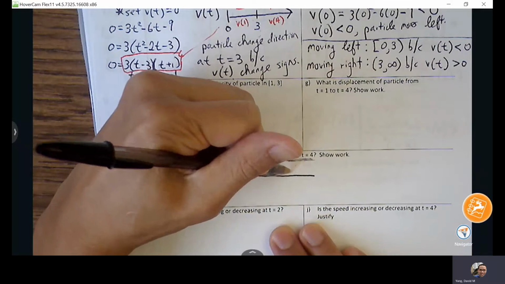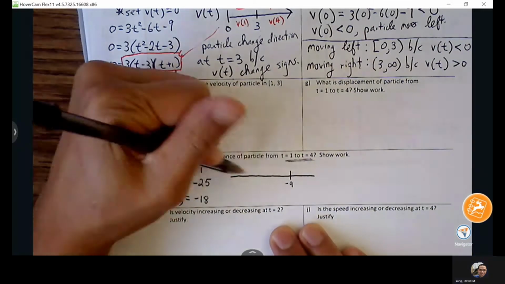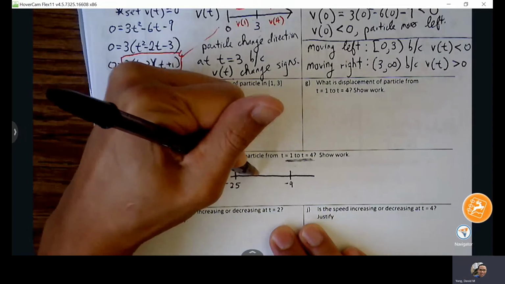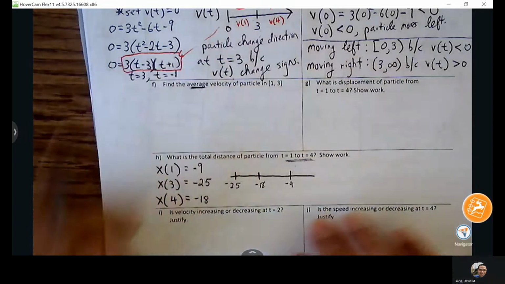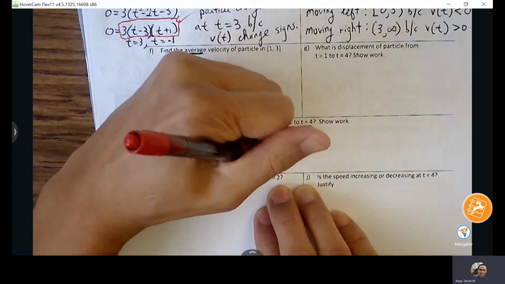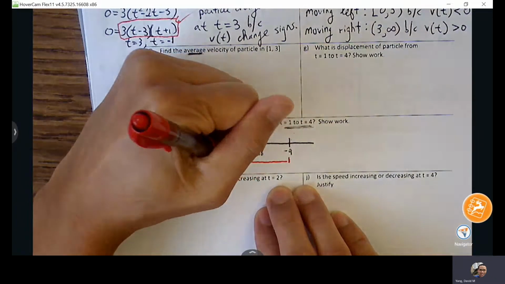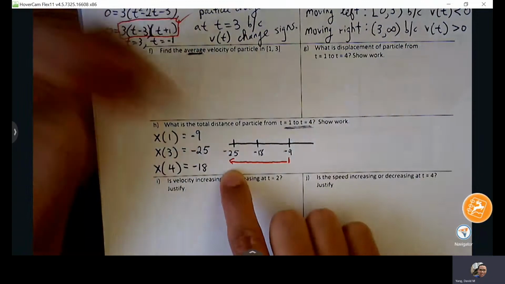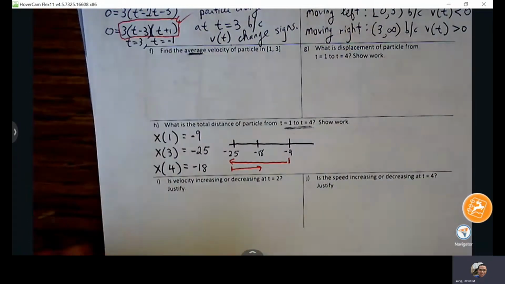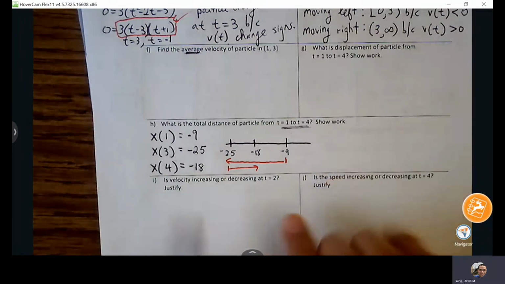So if he starts at negative 9 here, he goes all the way to negative 25, and he goes back to negative 18. Okay, so let's track this object's movement. He's going from negative 9 all the way to negative 25, and then he's turning around and going from negative 25 to negative 18. So imagine you're just moving along the x-axis. Each unit is 1 meter.